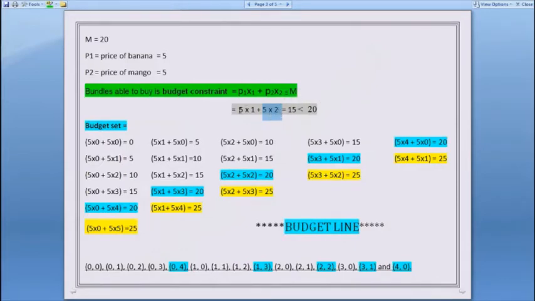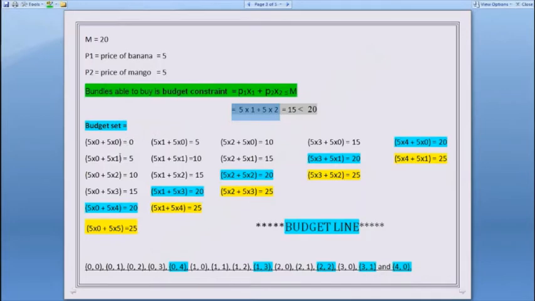So 5 and 10 is 15. You spend 15 rupees, which is less than M, the amount of money or income that you have in your pocket. It's possible to do that. So this is one of the combinations, one of the bundles: one banana and 2 mangoes.